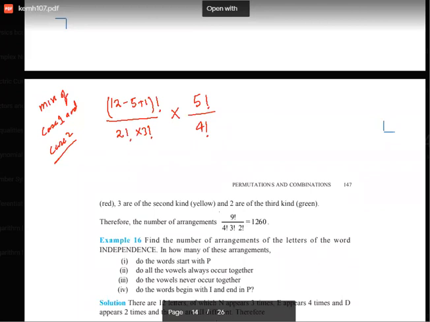Smarnika? Yashika is here. Yashika is present now. Shreya is here. Yes, Shreya, you were absent in the last class.